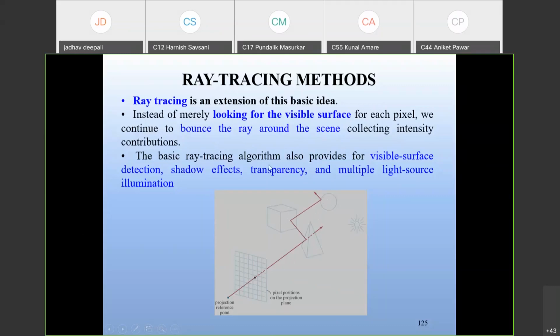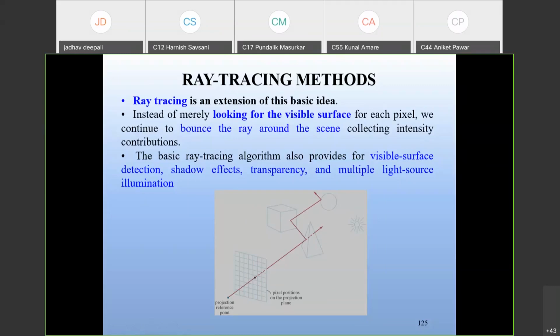The basic ray tracing algorithm also provides for visible surface detection, for which purpose this algorithm is used. The light is there, and all the intensities we have already seen. But here in ray tracing, a ray is sent through every pixel. That is a different method, ray tracing.